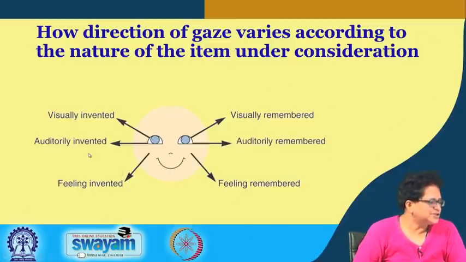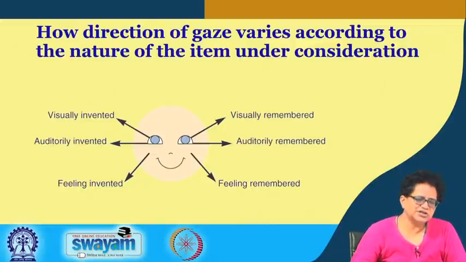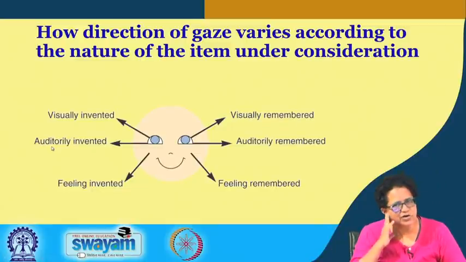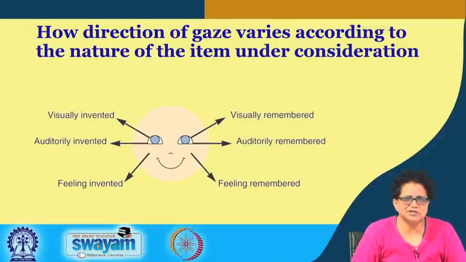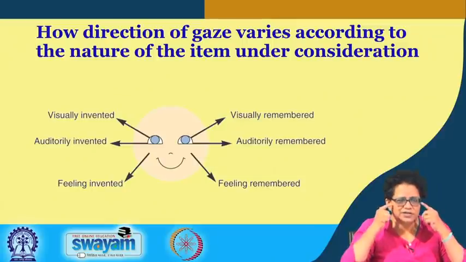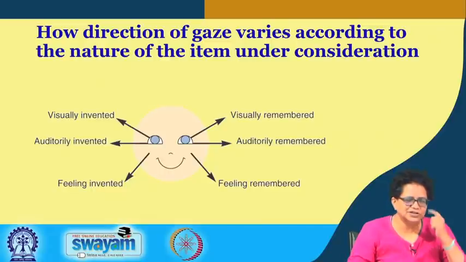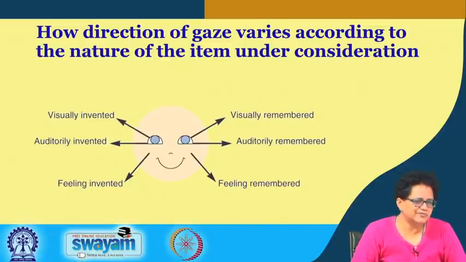Then we have some questions that evoke auditorily remembered images. Auditory, that is related to audition or the sense of hearing. And these questions would be, can you hear your favorite music? And you start looking in this direction, and you invent whether you are able to hear your favorite music.